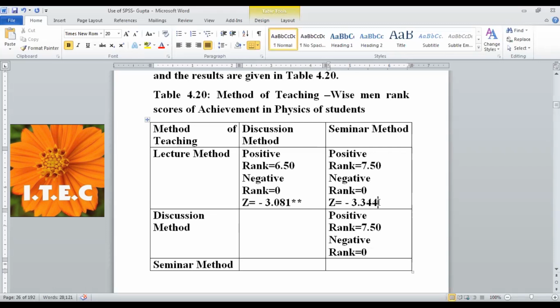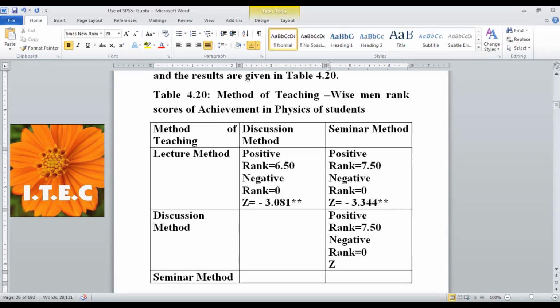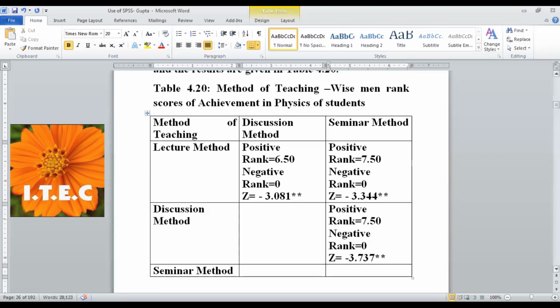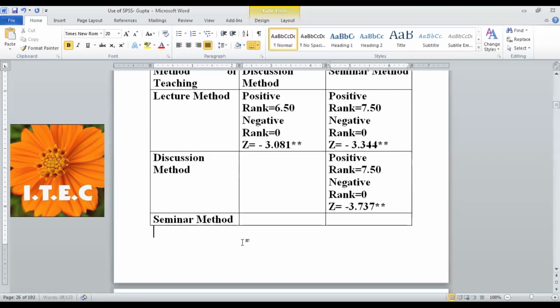And it is also significant. And we can write here also Z is equal to minus 3.737. And this also significant. Otherwise, I have to make 3 different tables. I say significant at 0.01.